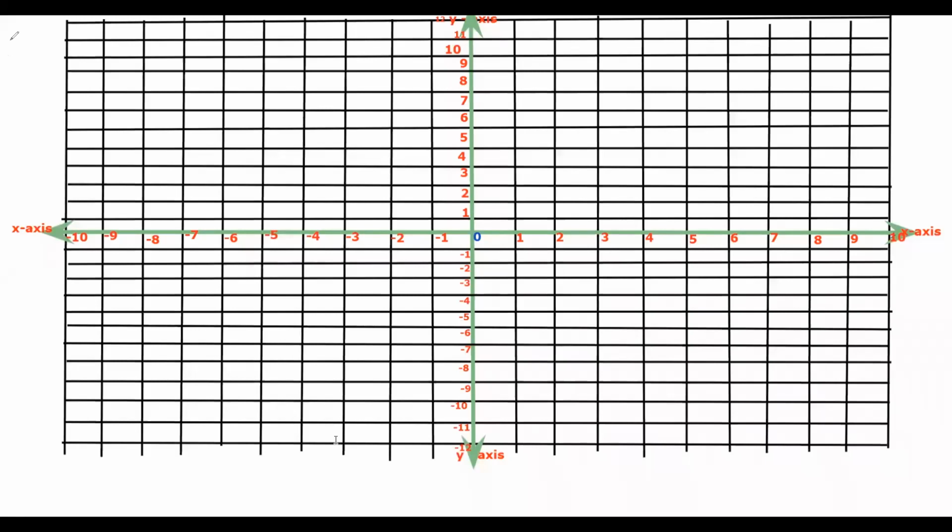Now let's quickly write our points that we're supposed to plot here. Okay, so point P here is formed by 1 and 2. Okay.